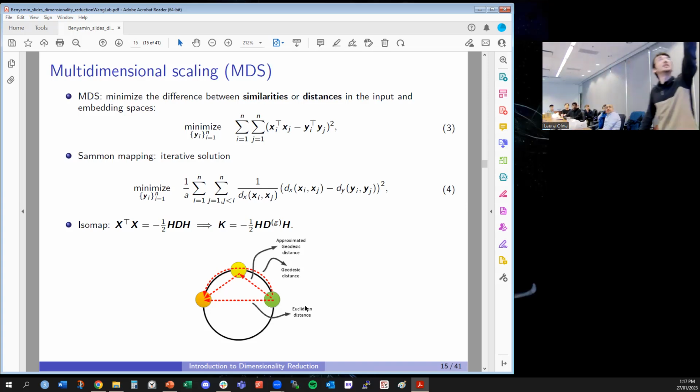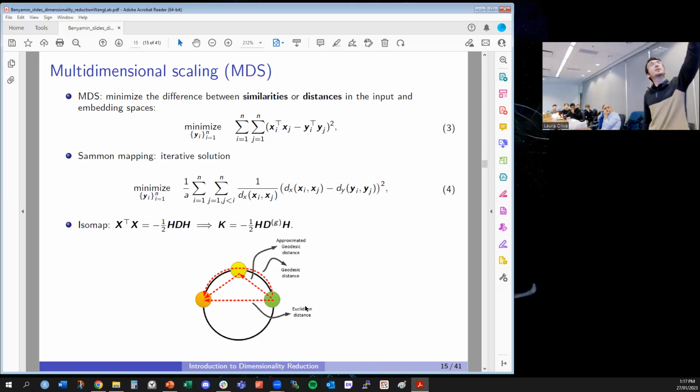This is the idea of MDS. Sammon mapping says that I want to reduce the difference of distances instead. So you can see both the other way around: you can either reduce the difference of distances or of similarities.